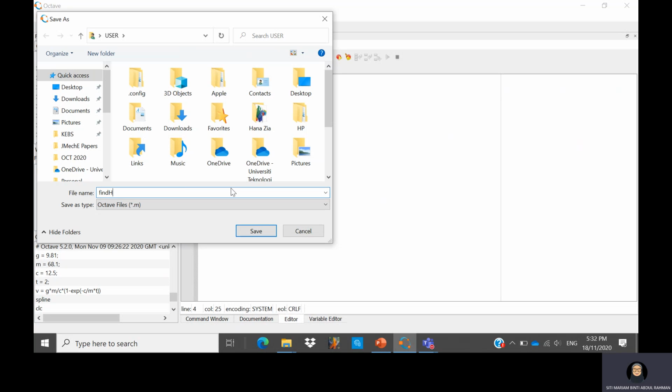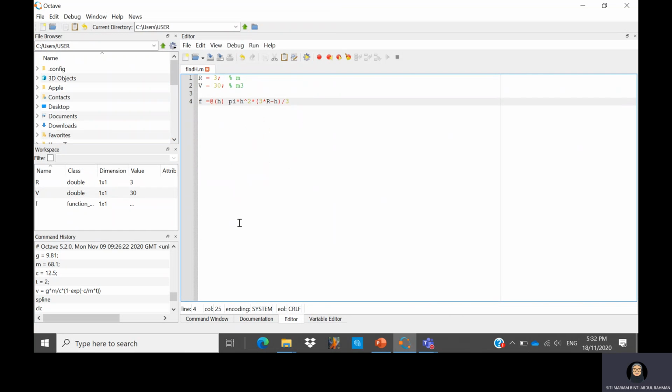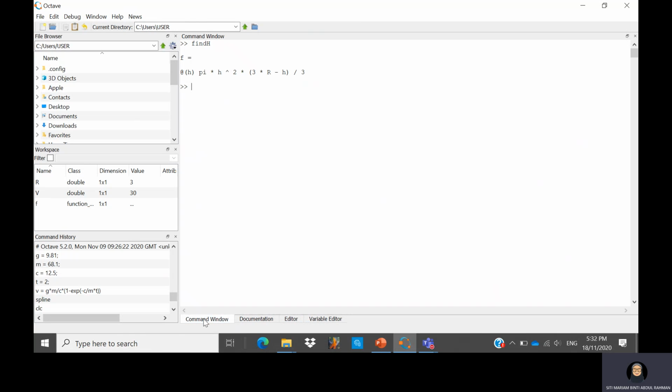If I run it, I only put in the radius, the volume, and also the command for the function. If I go back to the command window, I have this. This is the function that I'm looking at. If I want to calculate the value of the function, given that H is equal to 3, for example, I can write it on the command window, and it will calculate for you straight away.